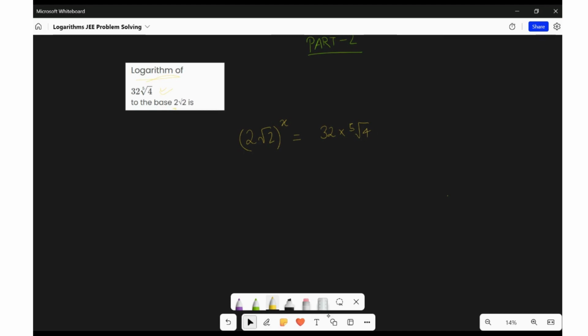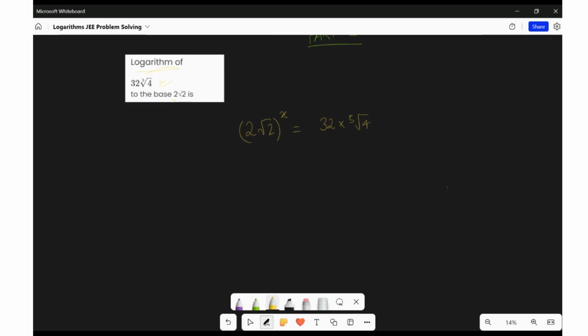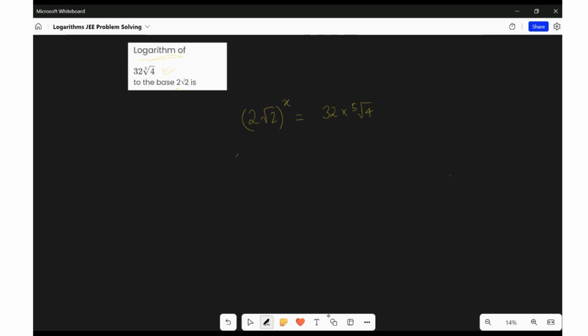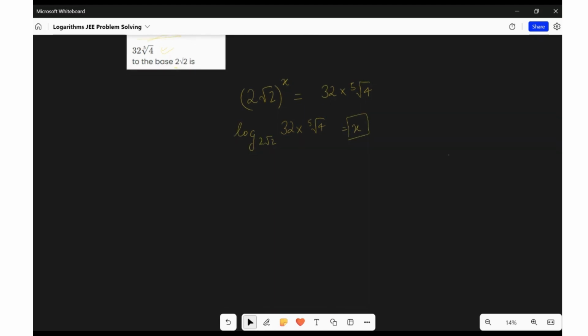Now let us take, we can write this as log of 32 into 4 to the power 1 by 5 to the base 2 root 2 should be x, and we need to find this x, right?